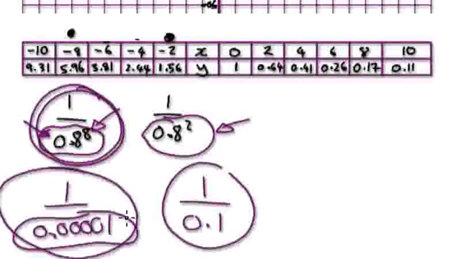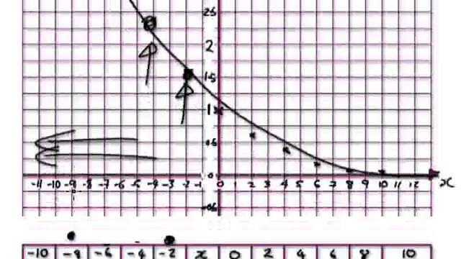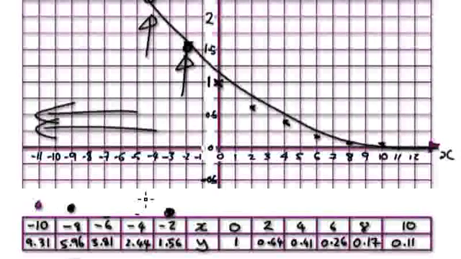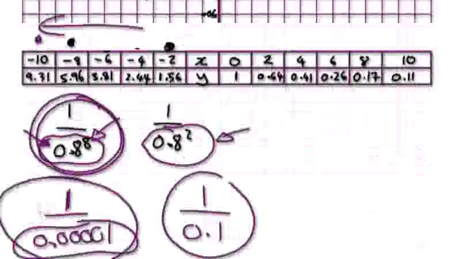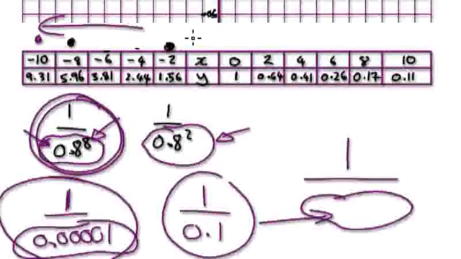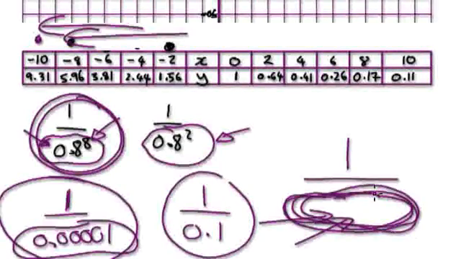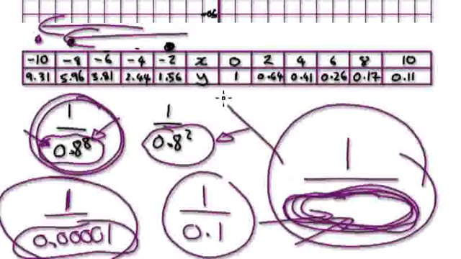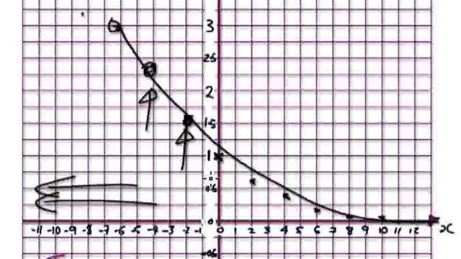Just accept it, or get a calculator and play around with it. Overall, as you go in this direction, it gets bigger and bigger because of 1 over this bottom number, which gets smaller as you go in this direction. Because this number gets smaller, the overall thing gets bigger and bigger. Up to this stage, just accept that if you have something like this, it will look like this.